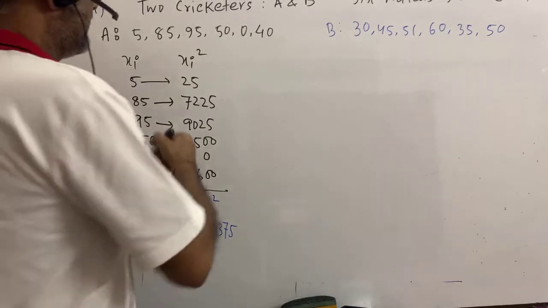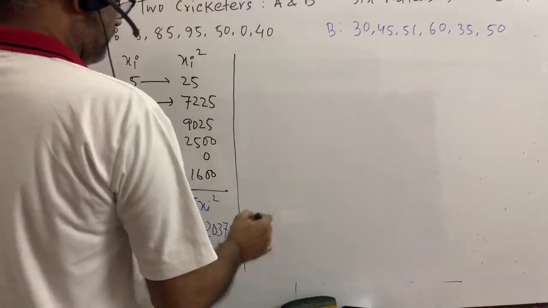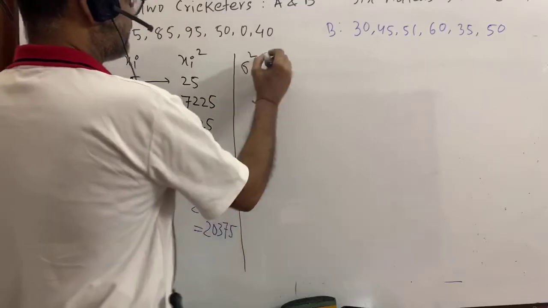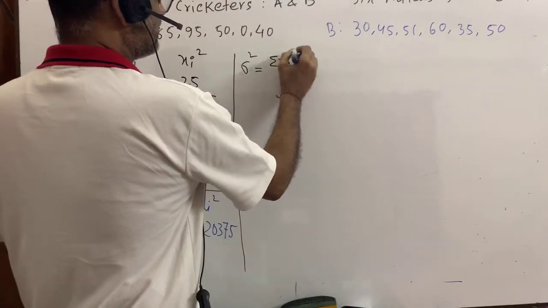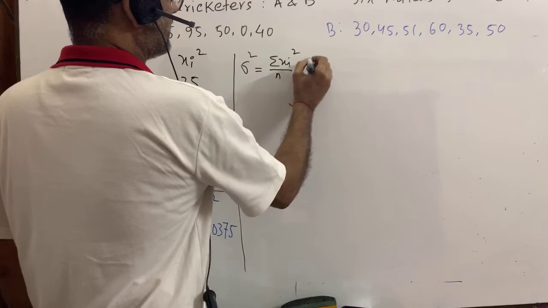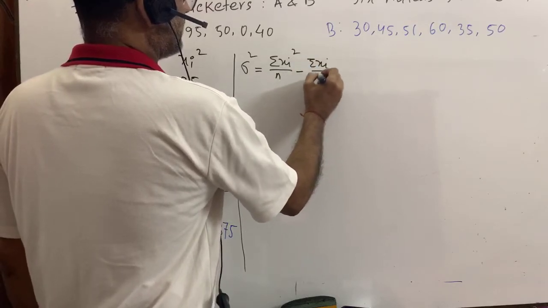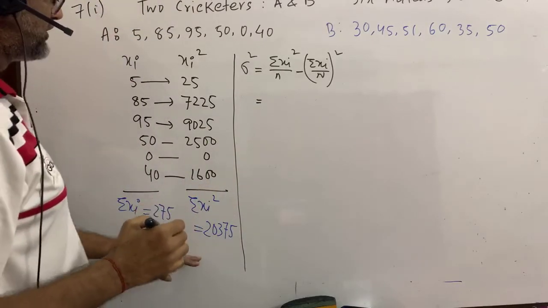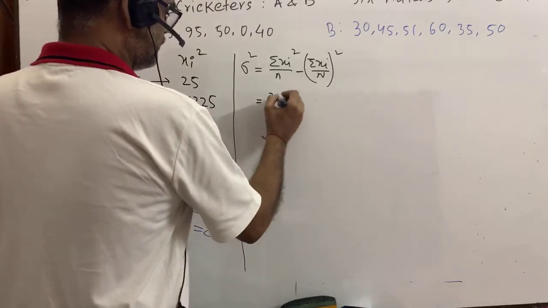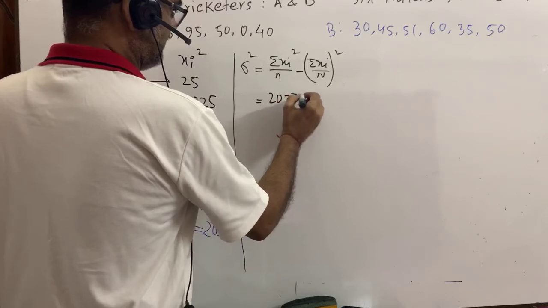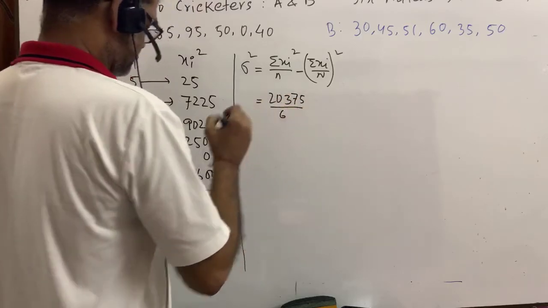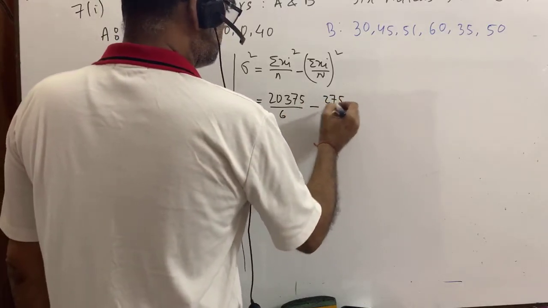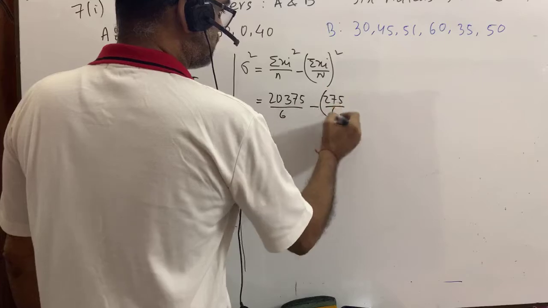Now you find out sigma square. Sigma square equals summation xi square by n minus summation xi by n whole square. This is the formula. So it is 20375 by 6 minus 275 by 6 whole square.